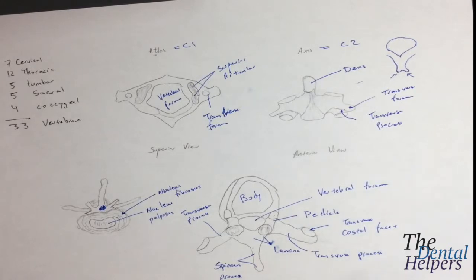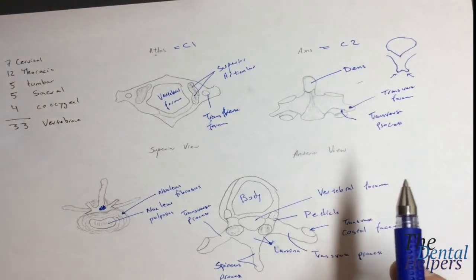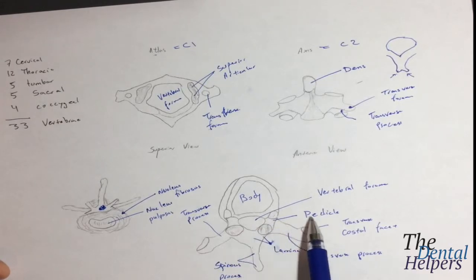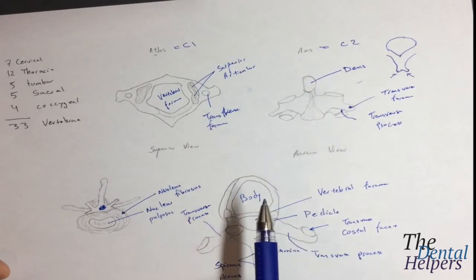And then you have the ligamentum flavum, and that's going to connect the lamina and the pedicles together. So we have our pedicle right here and our lamina. The ligament that's going to connect that is going to be the ligamentum flavum. So it's going to basically go along here.